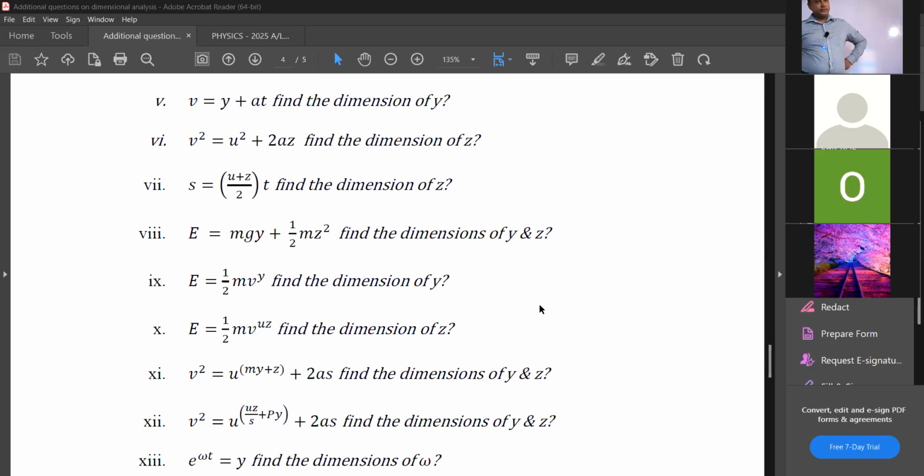V squared. In this case, V squared is equal to U squared plus 2AS. V squared means V into V, velocity into velocity. So there are two velocities.